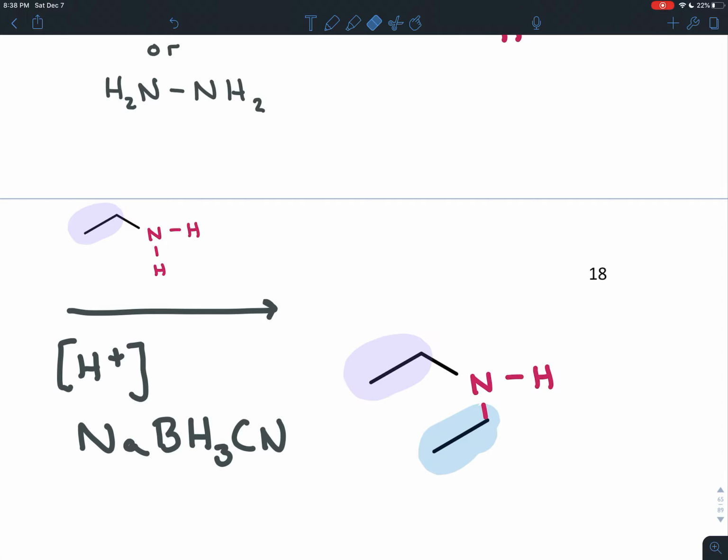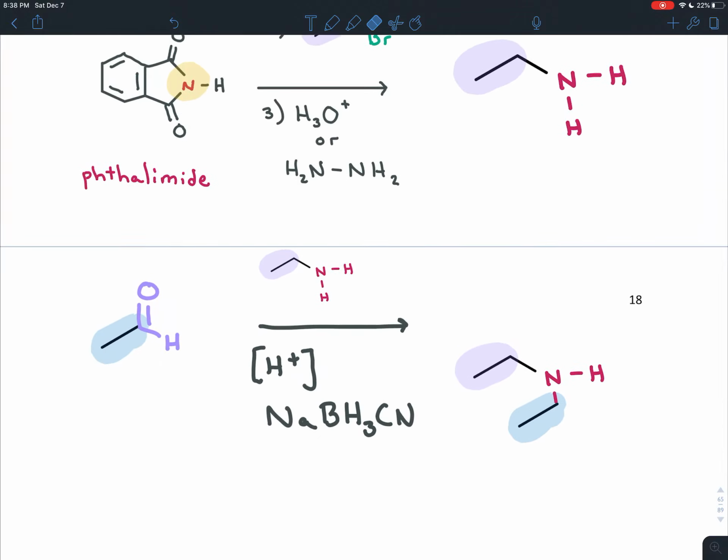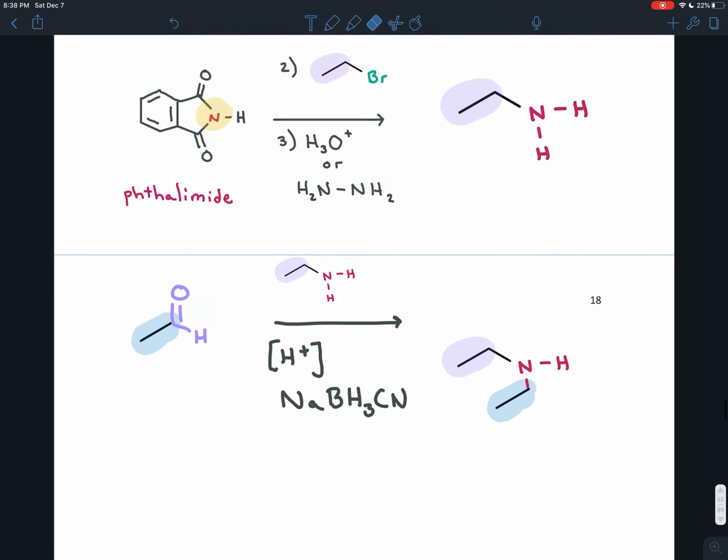I'm going to erase this hydrogen. It is still there, but it's implied in the skeletal structure. So now we have a secondary amine.